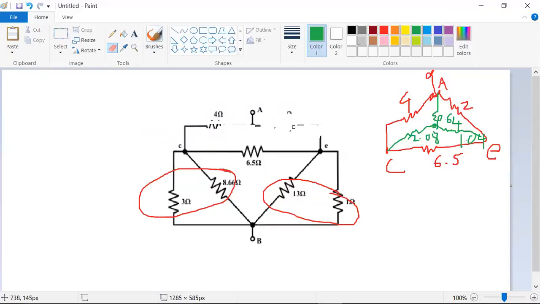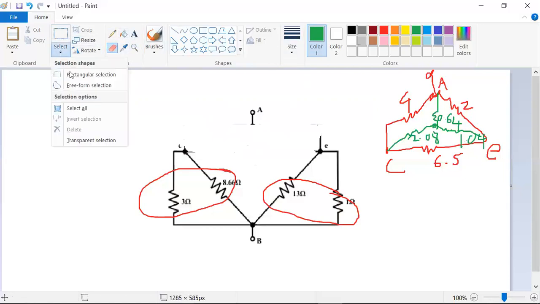I'm not changing this A point, I'm just changing this delta into star. Now I'm inserting that green part, meaning the star connection. I'm going to insert that star connection.